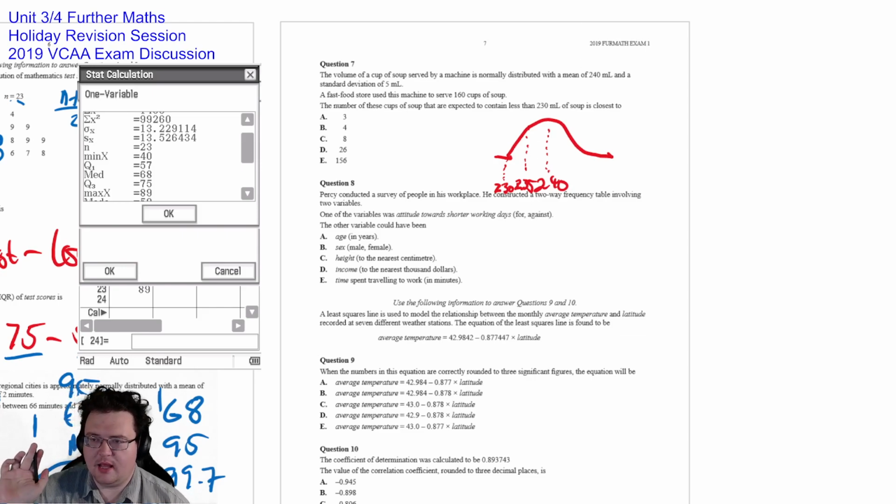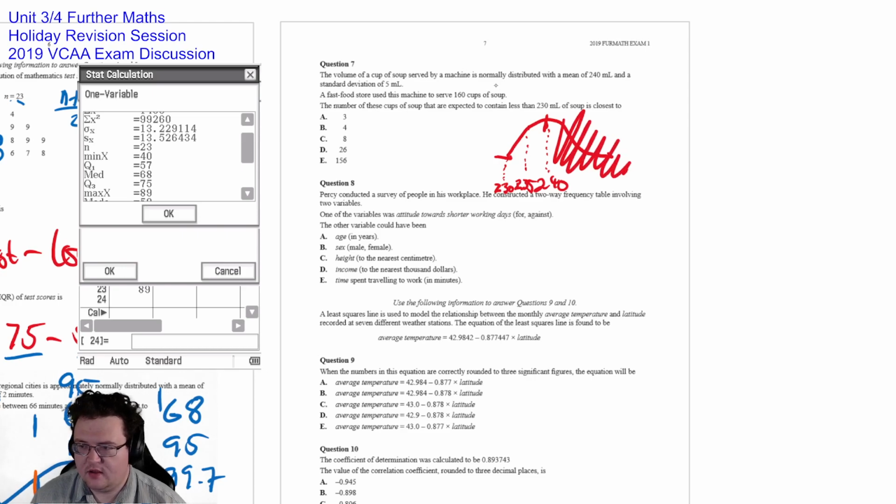Now, what we have to remember with this question is that they are mostly focusing on the bottom half, which means that I can ignore the top half. But remember, because it's a standard deviation, 50% is on the bottom half.